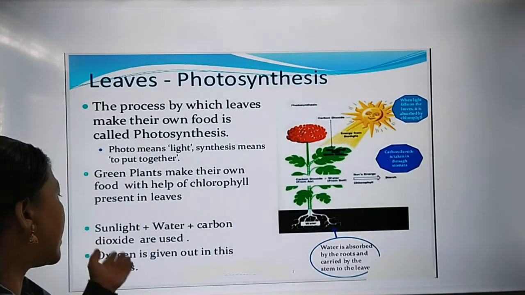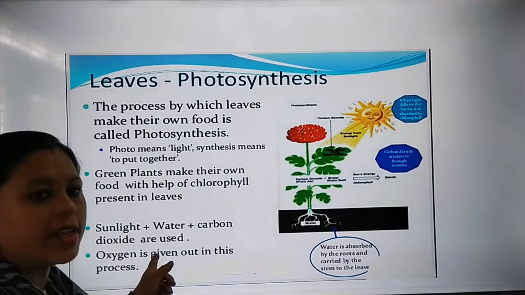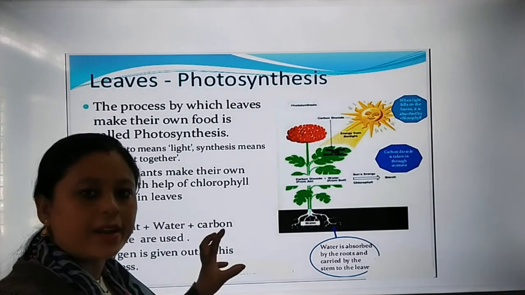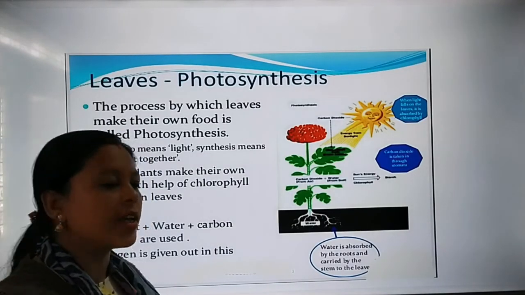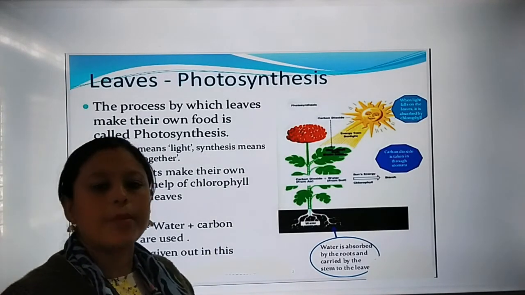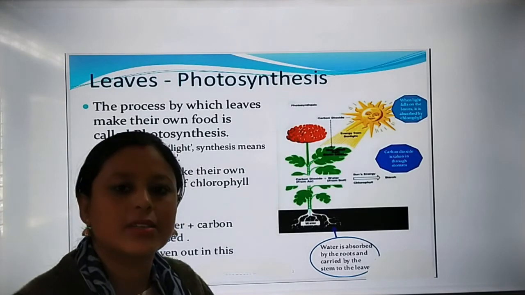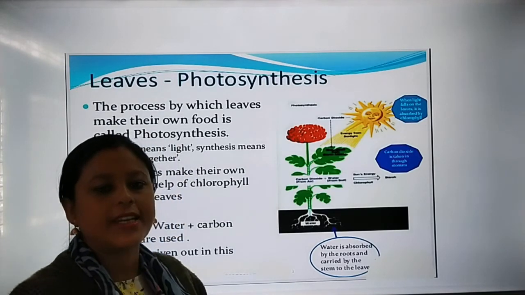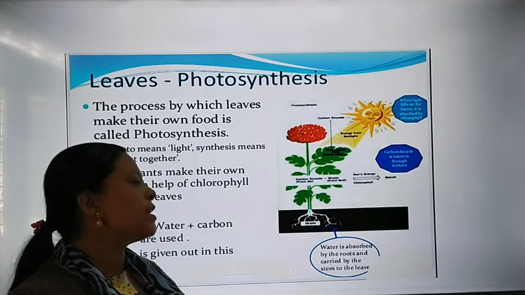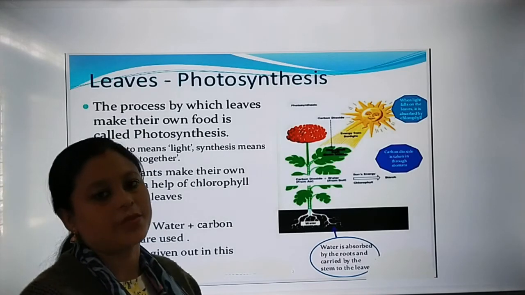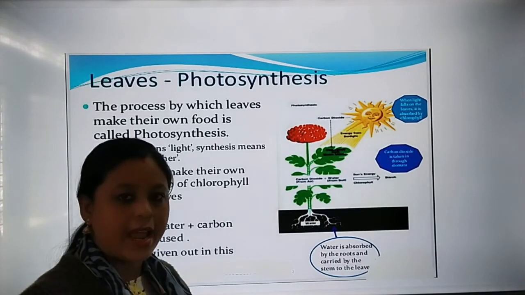Plants need carbon dioxide when the leaves prepare their food. Understood? That means plants need carbon dioxide to live, and we need oxygen to live, to breathe. That means we get oxygen from plants, and plants get carbon dioxide from human beings and animals.